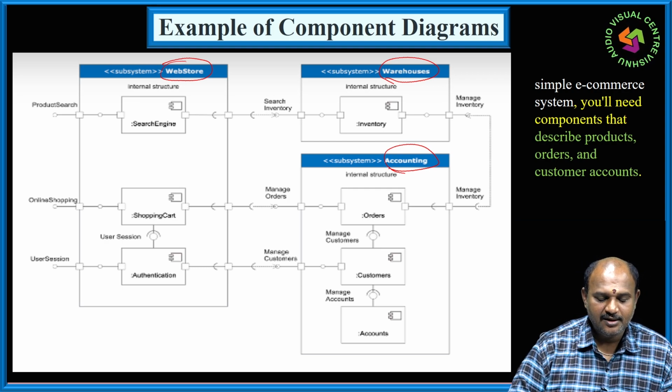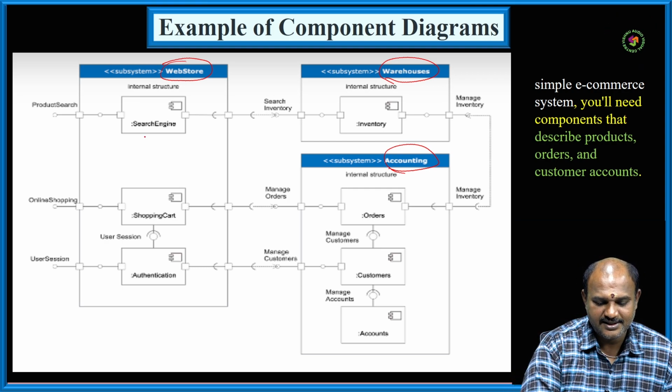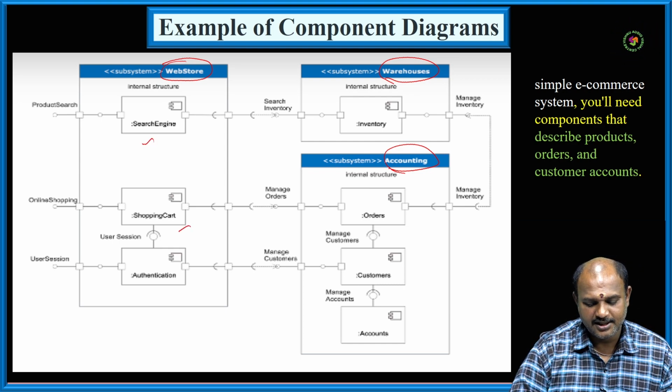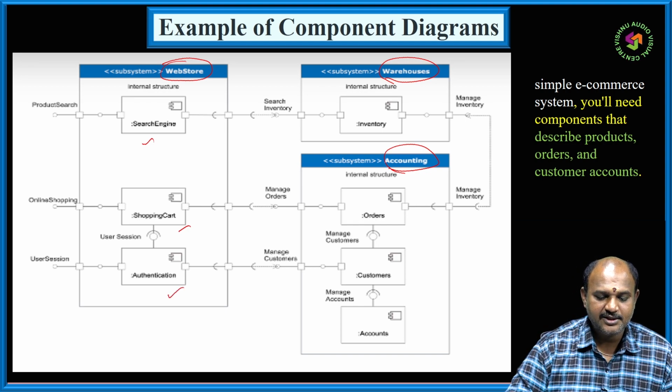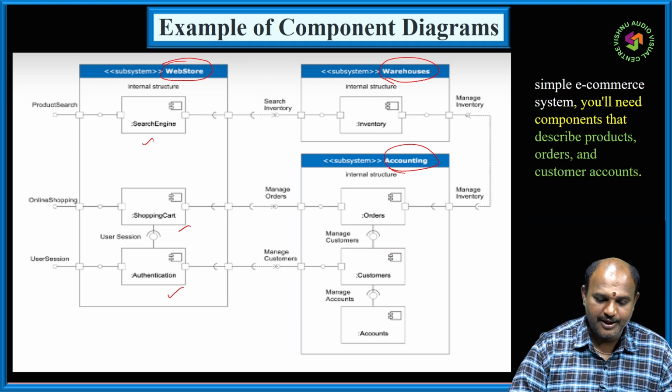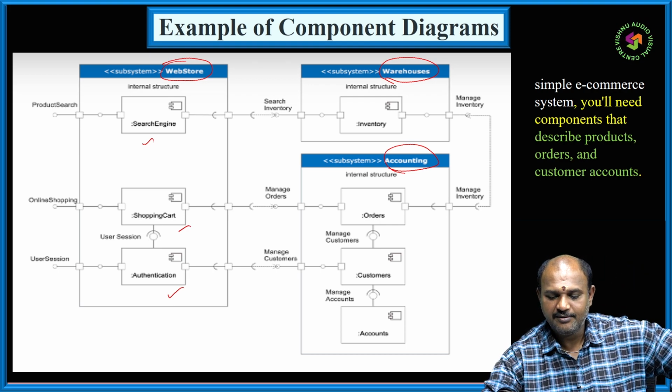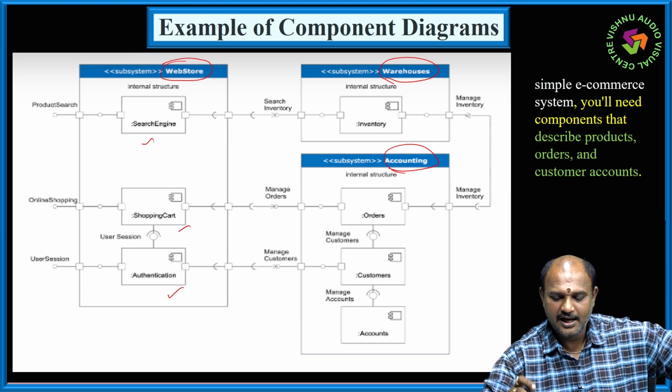In the internal structure, we have a search engine as one component, shopping cart as another component, and authentication as another component. So these three components are included in this particular web store component. Similarly, warehouse has one component, inventory.